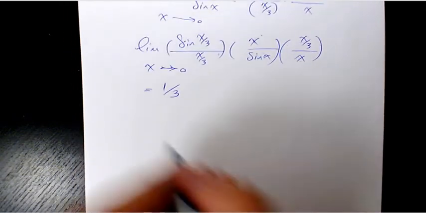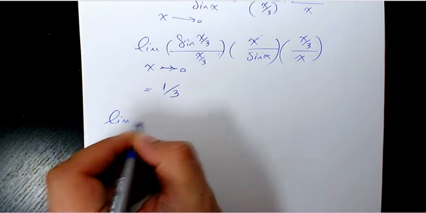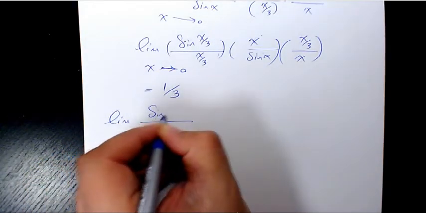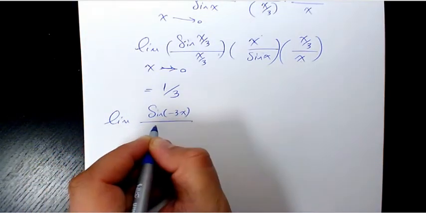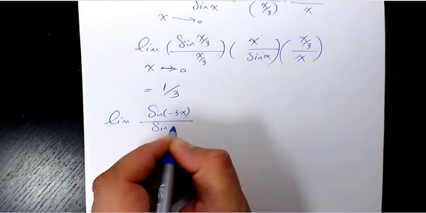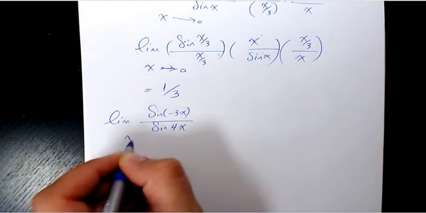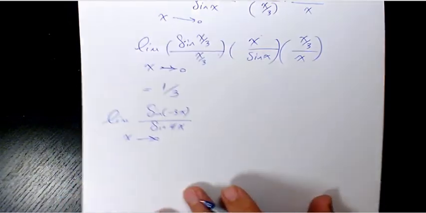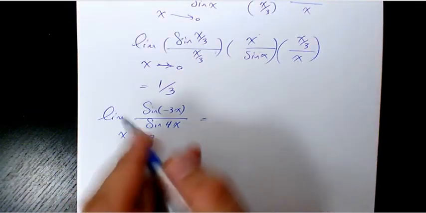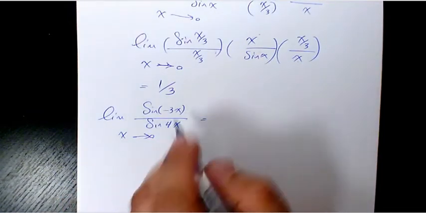Next one. Limit of sine negative 3x over sine 4x when x is approaching 0. We know sine functions are odd functions.